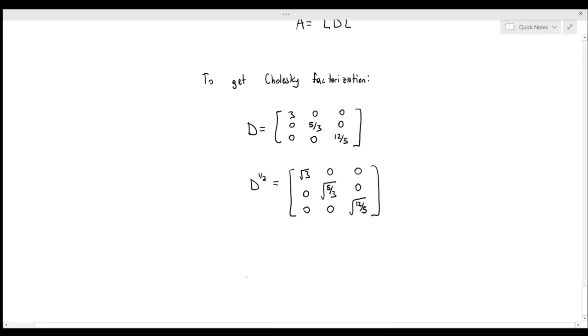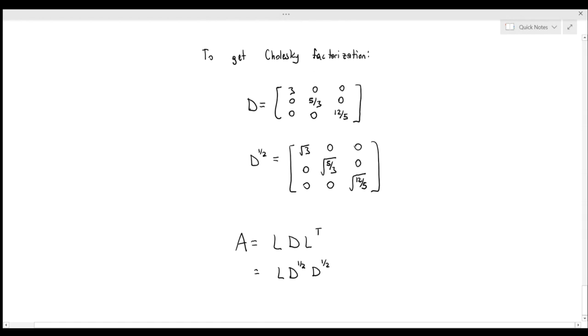So then what we're going to do is, in the LDL transpose decomposition, we are going to split the matrix D into two matrices by taking its square root.